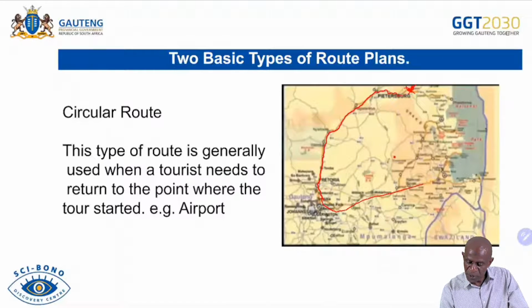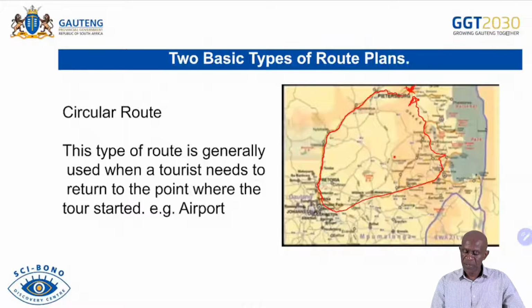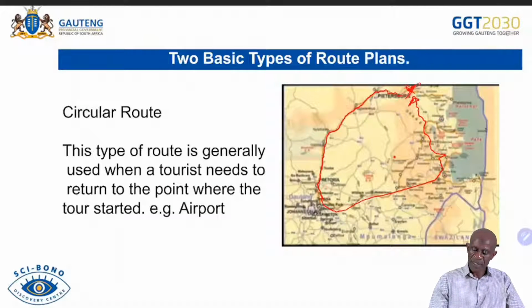So here is your route and you get back to where you started. So it will start here and you'll travel around to where you started. And this is just an example of a circular route.